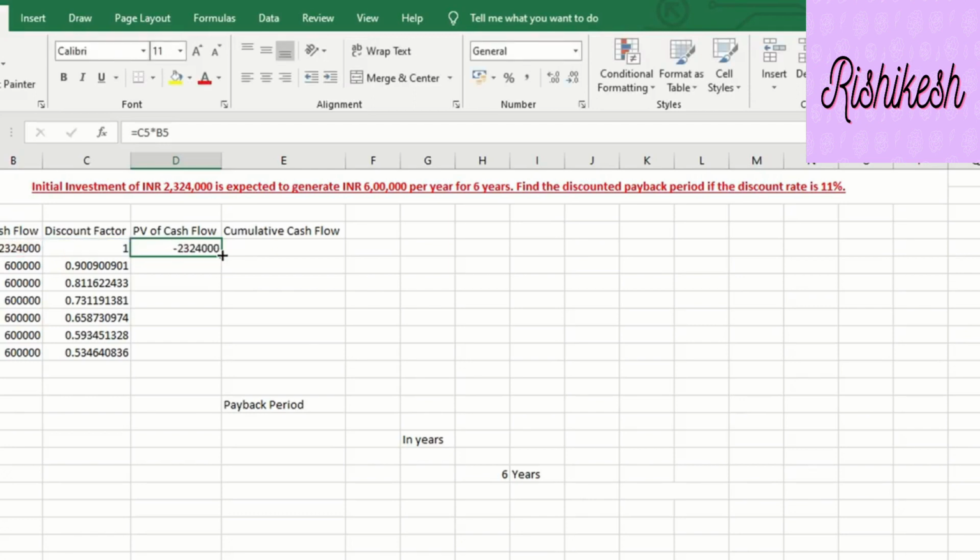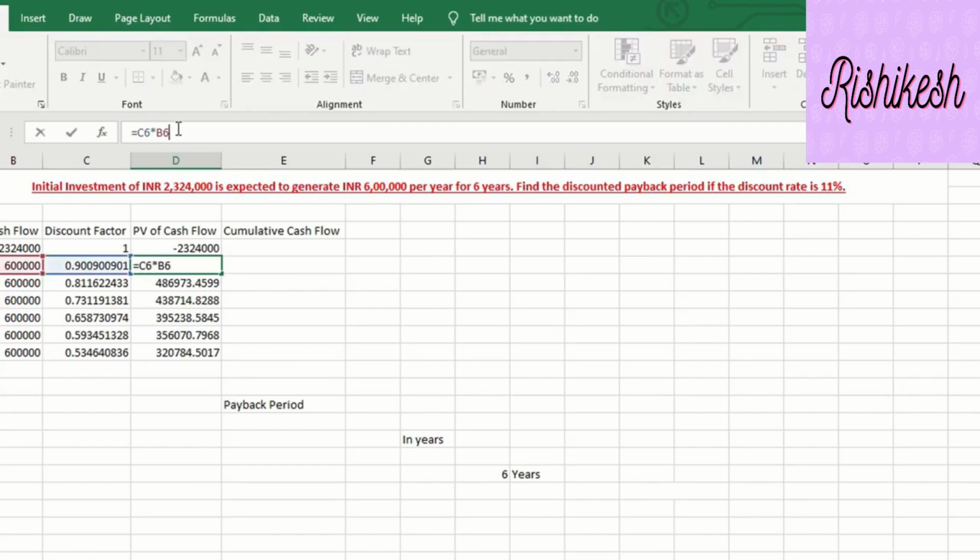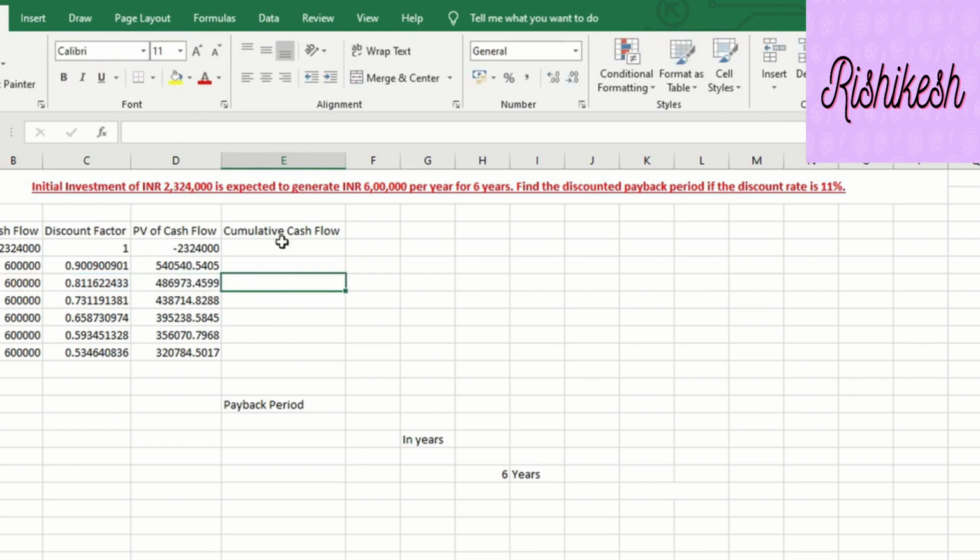Now there's a plus sign which comes over here. If you just double click it, you can replicate this formula. That is, this 540 is nothing but 6 lakh multiplied with 0.90, as you can see inside the formula. Similarly, this multiplication, so the same formula gets replicated. Now, cumulative cash flow.